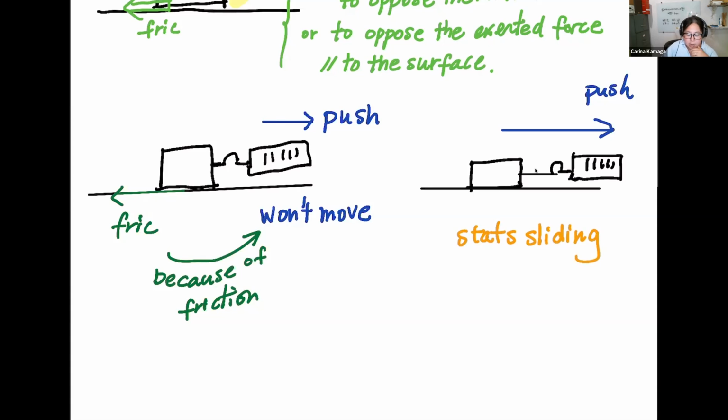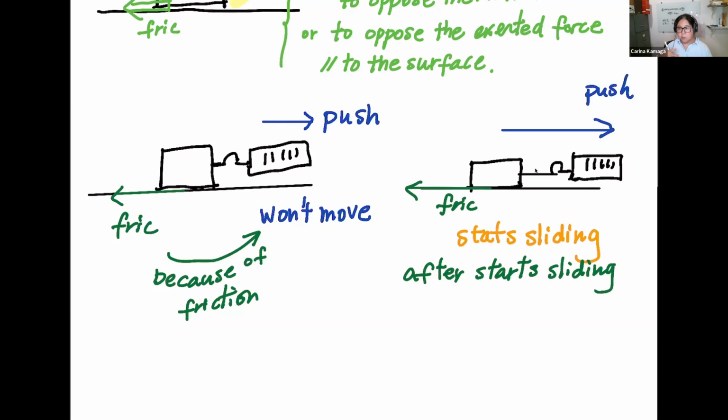When it just starts sliding, is there any friction force? Right, even though it starts sliding, you still have a friction force. So even after it starts sliding, friction force doesn't disappear.